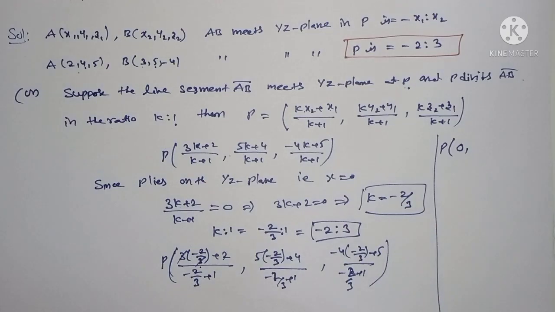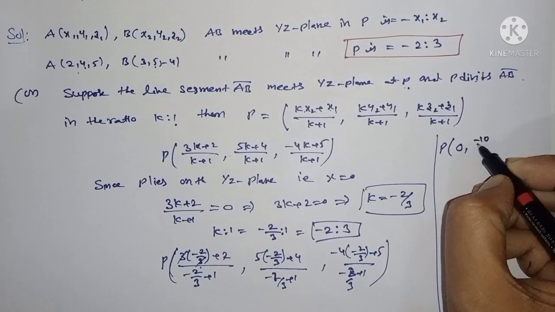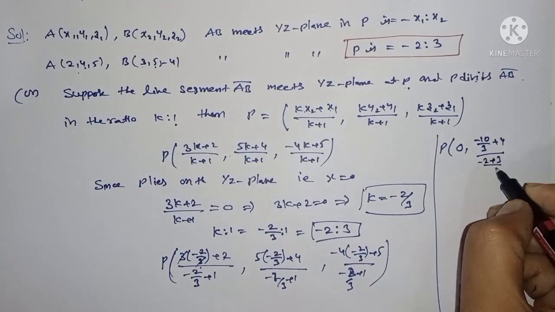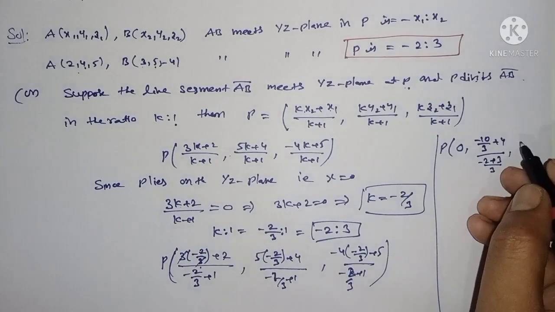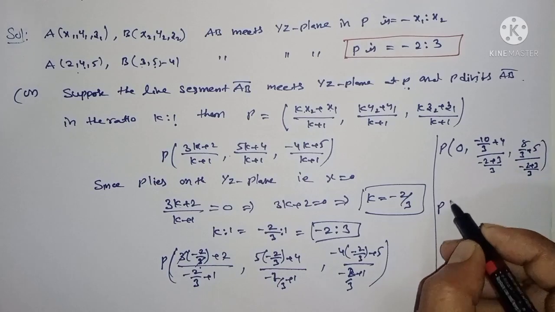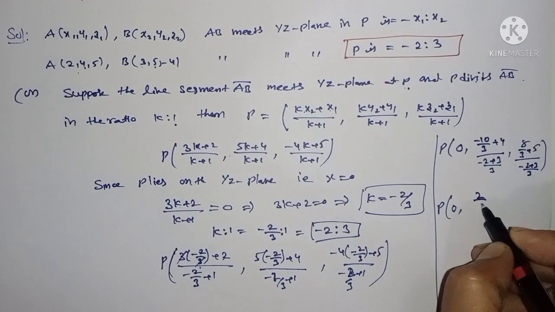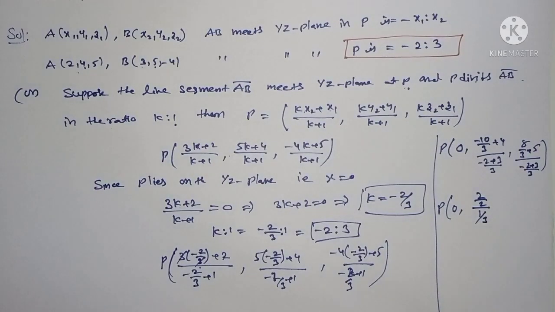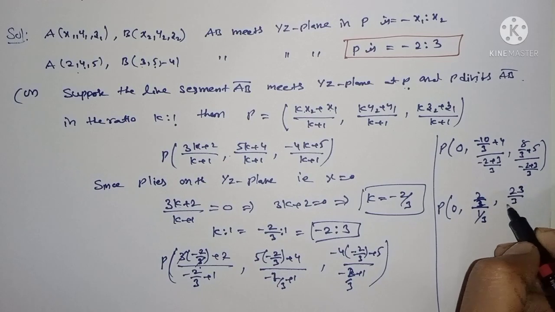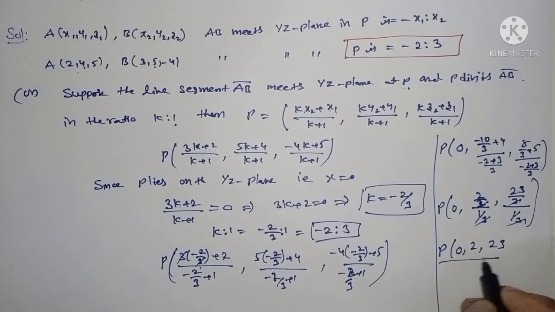The second is (−10/3 + 4)/(−2/3 + 1) = (2/3)/(1/3) = 2. The third is (8/3 + 5)/(1/3) = (23/3)/(1/3) = 23. The 3s get cancelled. So P is (0, 2, 23).